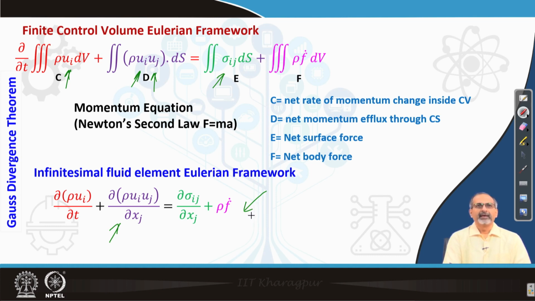Remember that as you move from a finite control volume Eulerian framework to an infinitesimal fluid element Eulerian framework, you would need the Gauss divergence theorem to be applied, and it applies back and forth based on which formulation to which other you are moving.